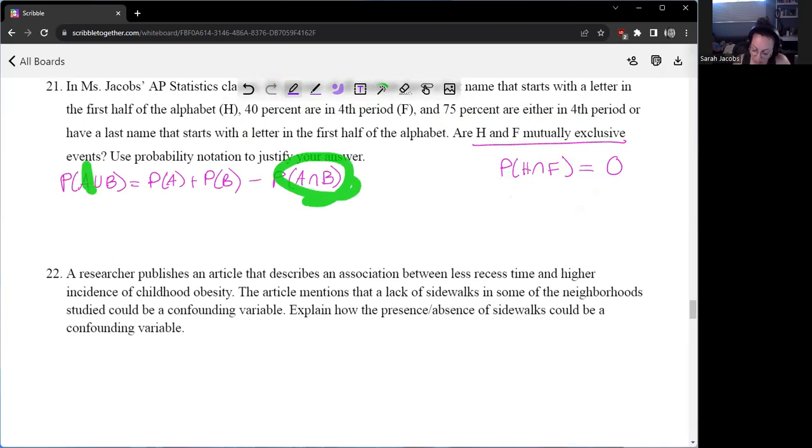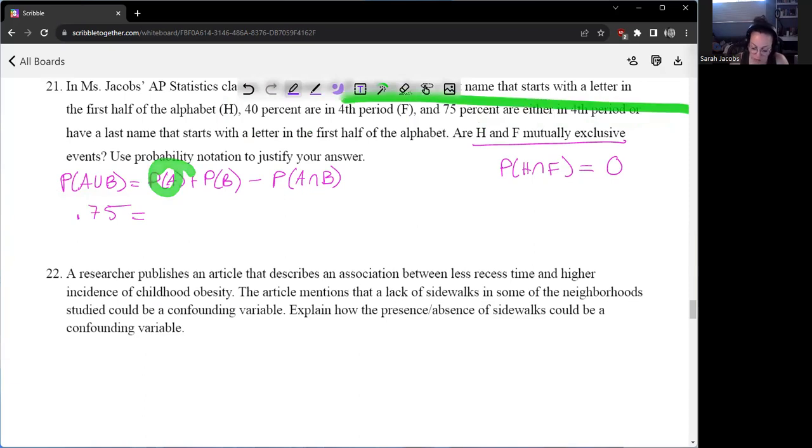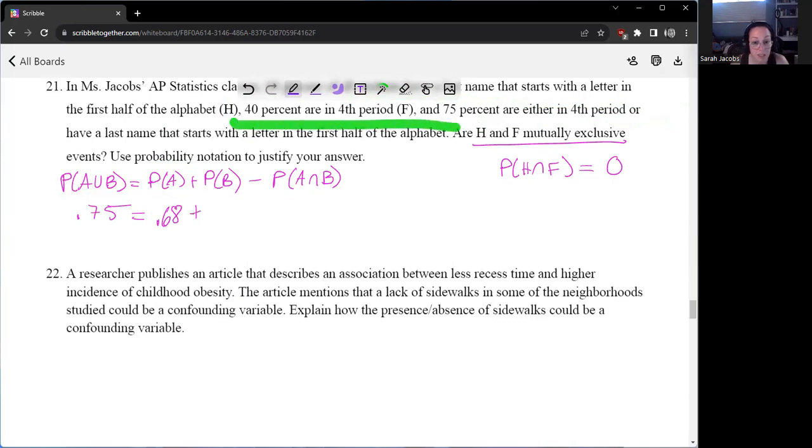So think about A as our H and B as our F. So the probability of having a last name that starts with a letter in the first half or being in fourth period is 75%. The probability of just having a last name that starts with the letter in the first half is 68%. The probability of being in fourth period is 40%.